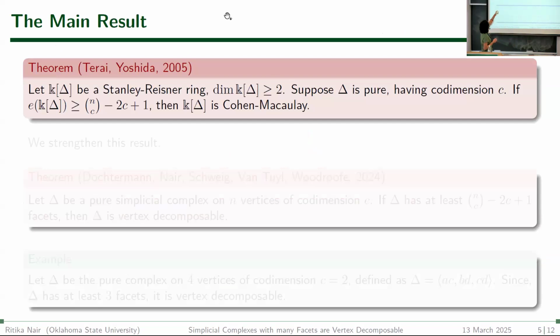Suppose you have a Stanley-Reisner ring whose dimension is greater than or equal to 2, and we know that this complex is pure, having codimension c. If the multiplicity of the ring is greater than or equal to this particular bound, n choose c minus 2c plus 1, then this ring is Cohen-Macaulay. That is the condition that they showed.